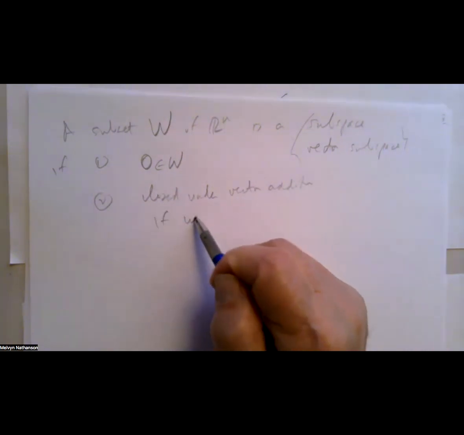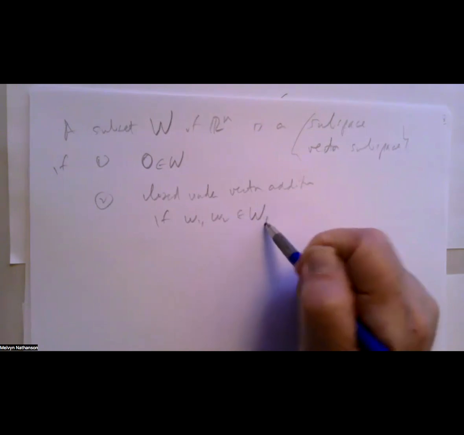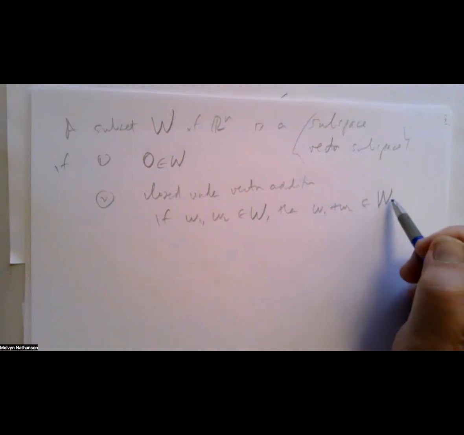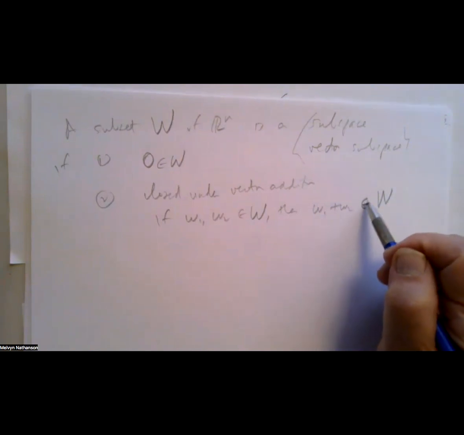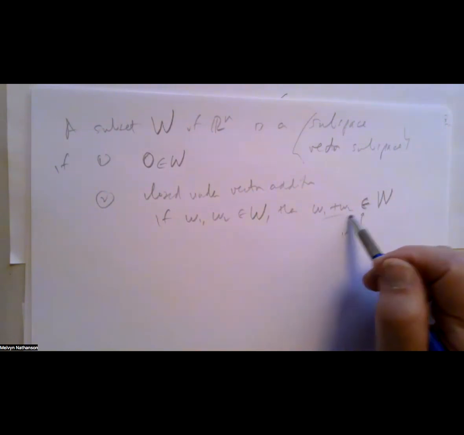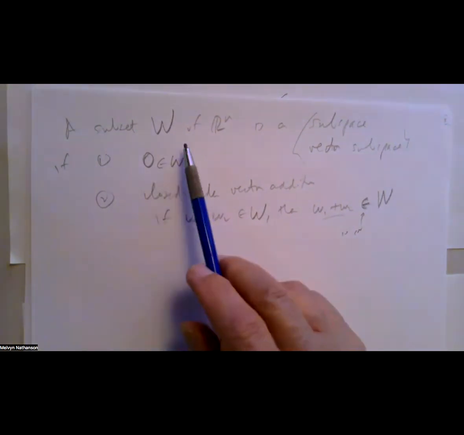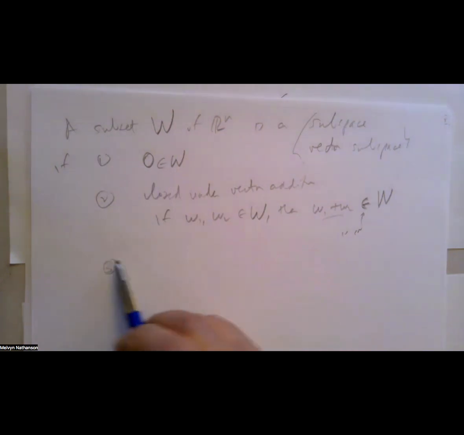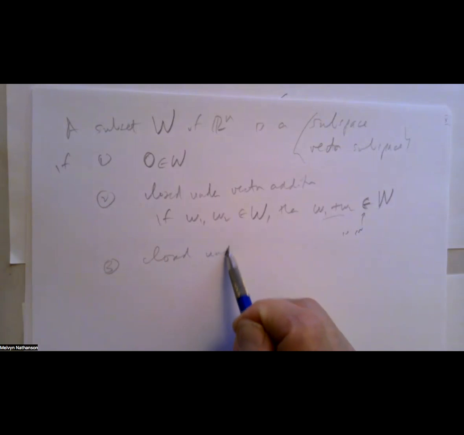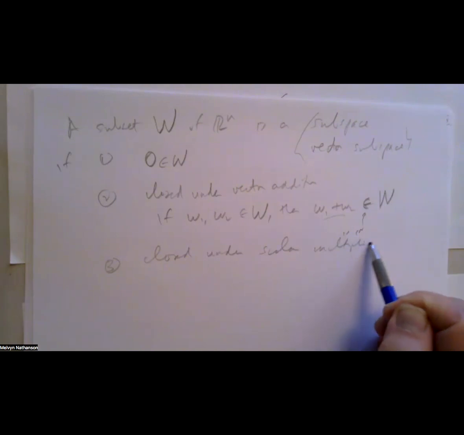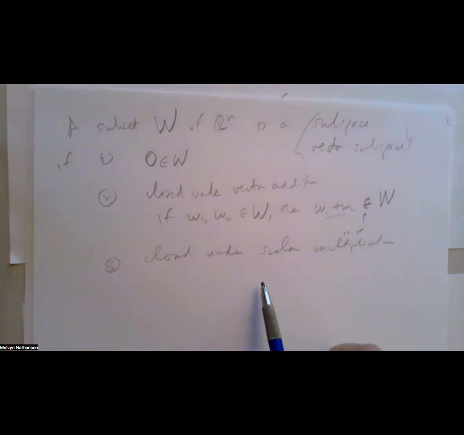That means if w1 and w2 are vectors in W, then the sum, w1 plus w2, is also in W. This symbol means "is in": this vector is in the set W. So a subset W is called a subspace if it contains the zero vector, it's closed under vector addition, and it's also closed under scalar multiplication. So that's what a subspace is.